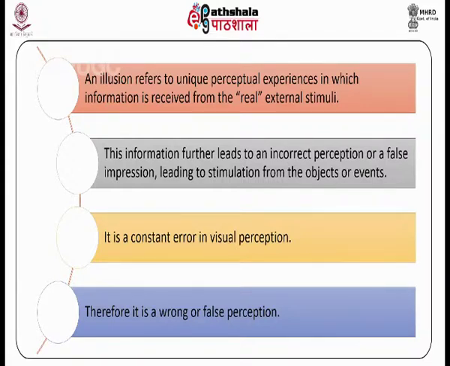This information further leads to an incorrect perception or a false impression, leading to stimulation from the object or events. It is a constant error in visual perception, therefore it is wrong or false perception. When an illusion is witnessed, our perception does not correspond to what is actually out there or exists in the real world.